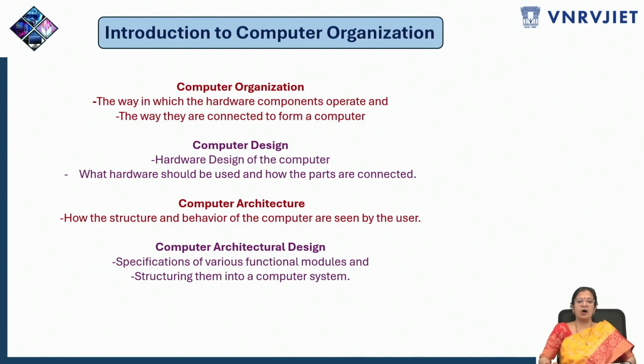Computer architecture is how the structure and behavior of the computer are seen by the user. And computer architectural design mentions the specifications of various functional modules and structuring them into a computer system. So this is the basic difference between computer organization, computer design, and computer architecture.